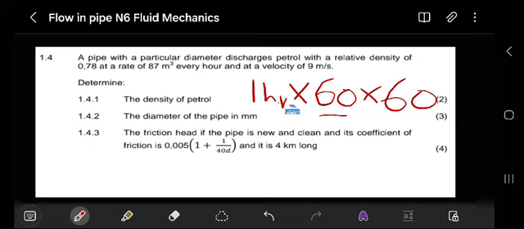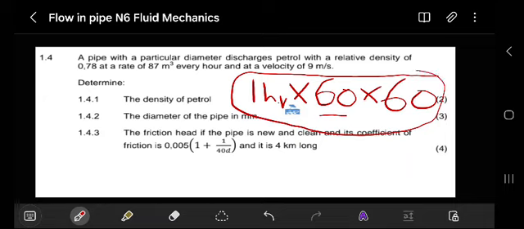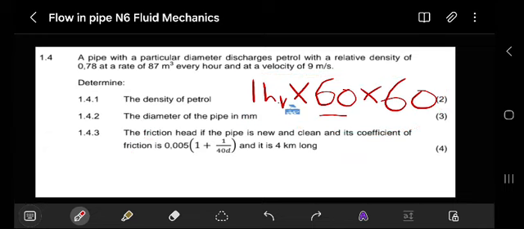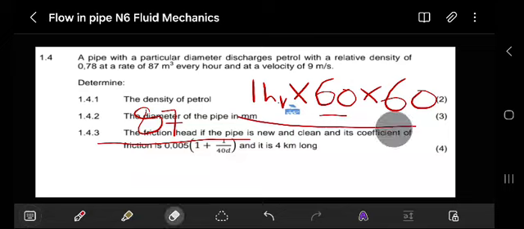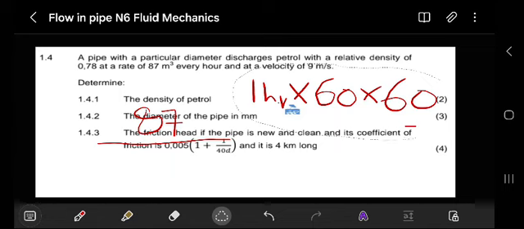That means we divide 87 by all of these.